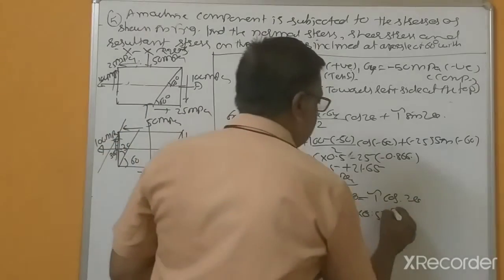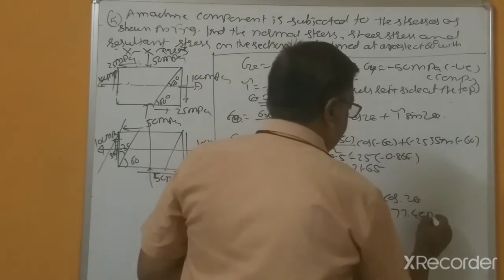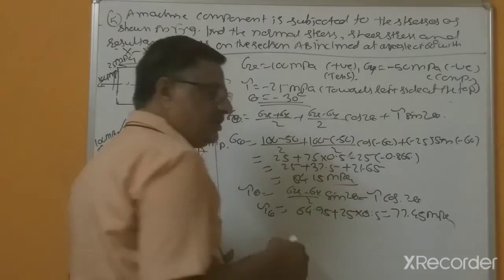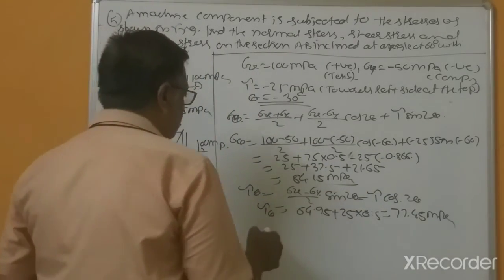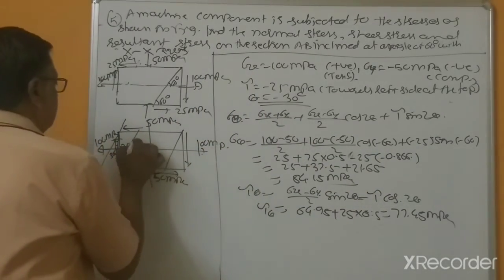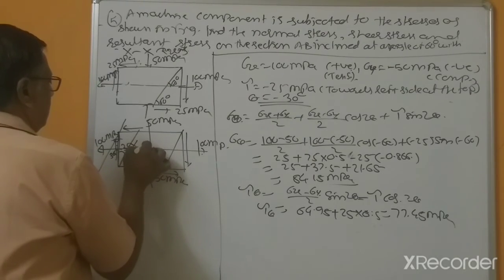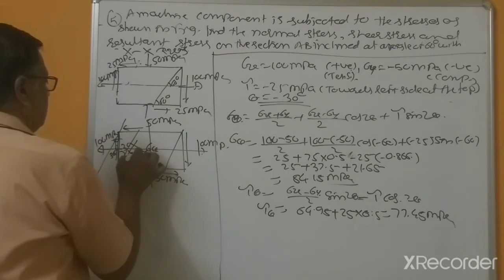So this is 77.45 megapascals. And this is towards right side. Positive means towards right side. So this is sigma theta, and this is tau theta.